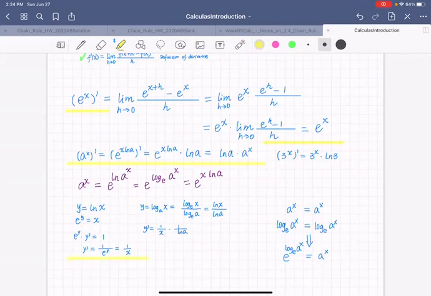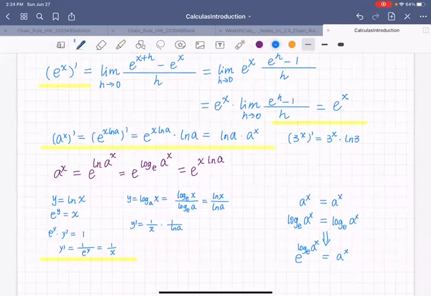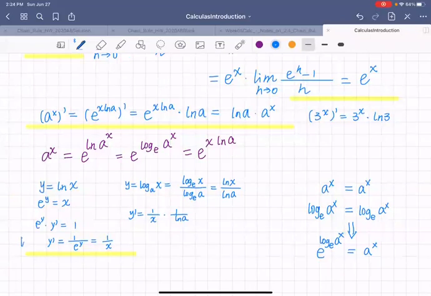And then we also found out that the derivative of ln x equals 1 over x.